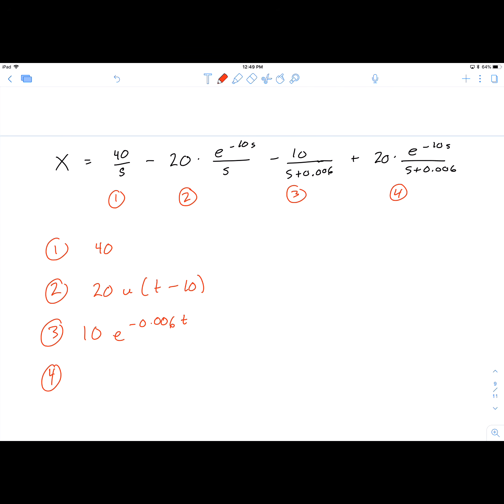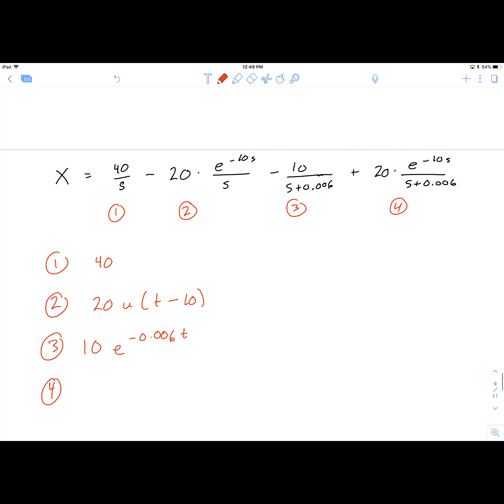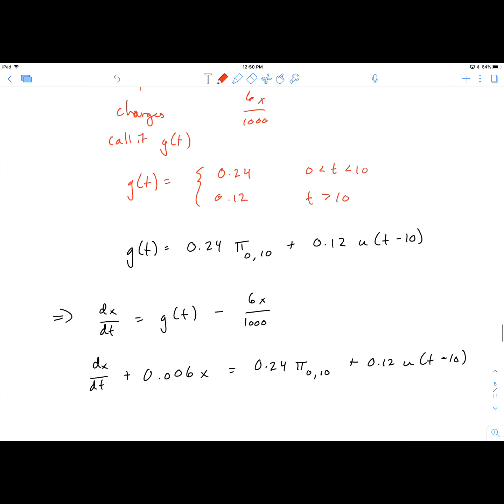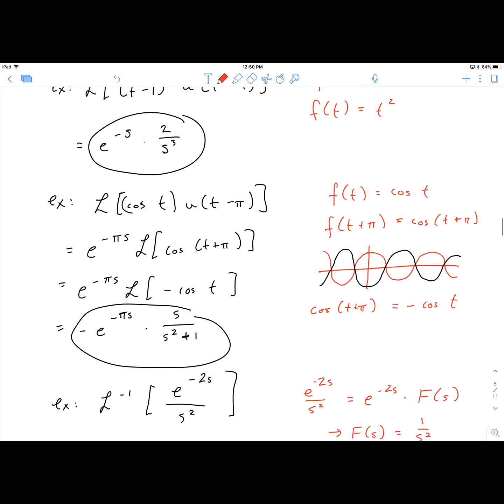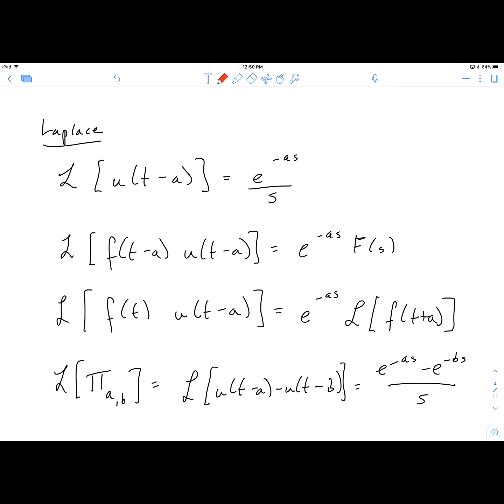So if you look at that, we have to compare this back to, where was it? Here we go. So we've got e to the negative 10s over s plus 0.006. So if you're comparing these, we're looking at one of these right here.